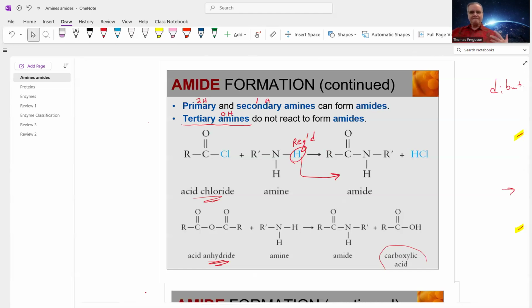Okay, you've got to have a hydrogen on the nitrogen for this to work. If there's no hydrogen, it's not going to work. So for example, we have a tertiary amine. What's going to happen is it's not going to form an amide, it's going to form the salt instead. Okay.